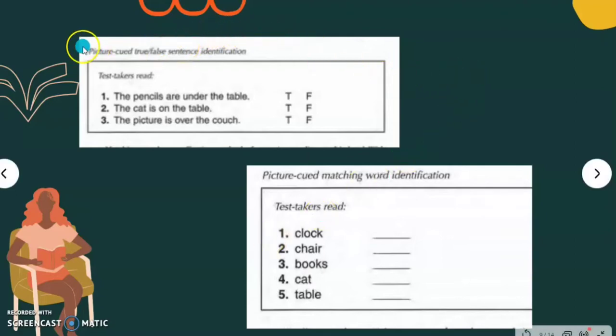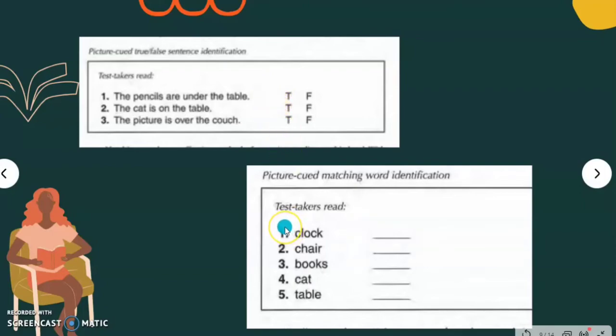The test taker will read the sentence and can check the picture to see whether the sentence is true or false.